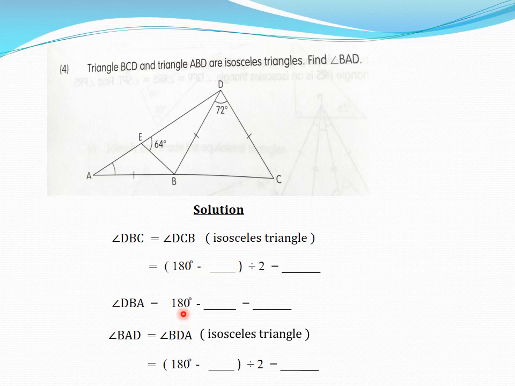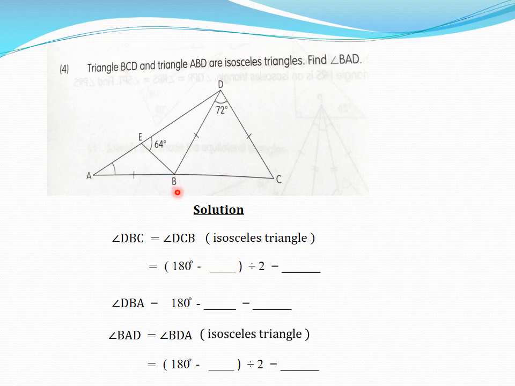So by taking 180 minus the answer from angle DBC that we did in the first step. Finally, angle BAD equals angle BDA because it is an isosceles triangle.